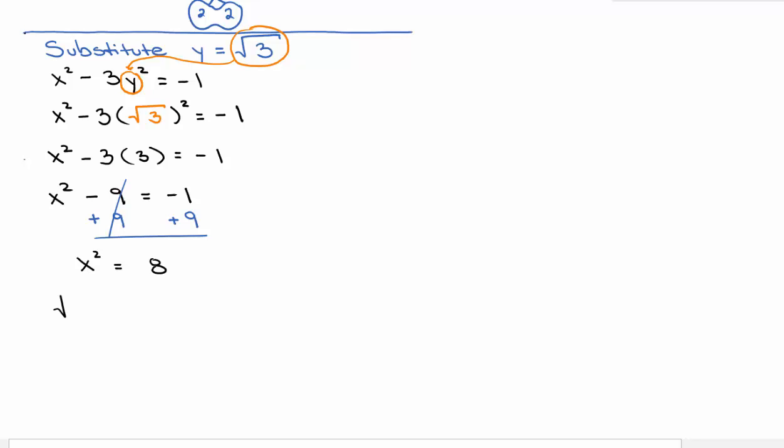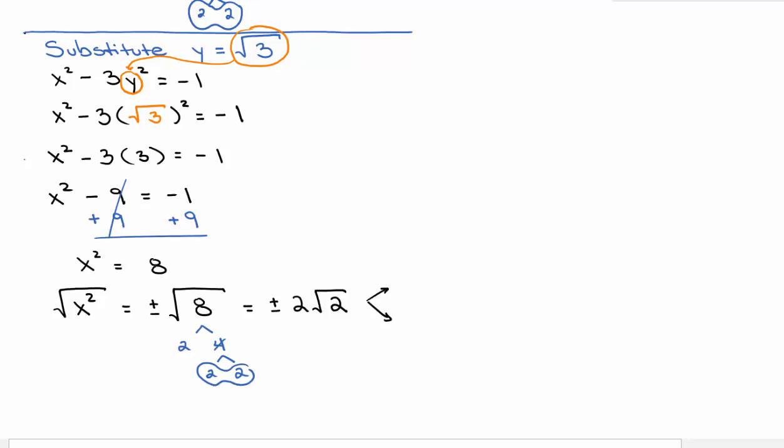And once again, I use the square root property. Square root both sides. Square root the x squared. When I square root the 8, remember to put plus or minus square root of 8. I can simplify 8. So I can see here that the square root of 8 is the same thing as 2 square roots of 2. So I'm going to write plus or minus 2 square roots of 2. And now I'm going to write my two ordered pairs.